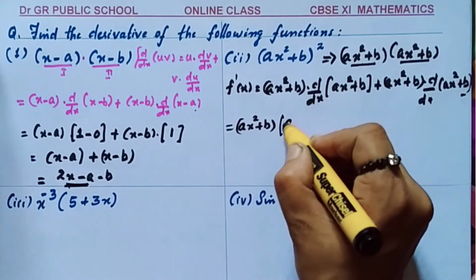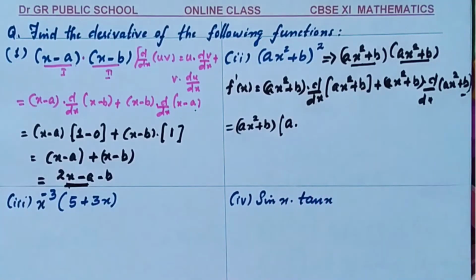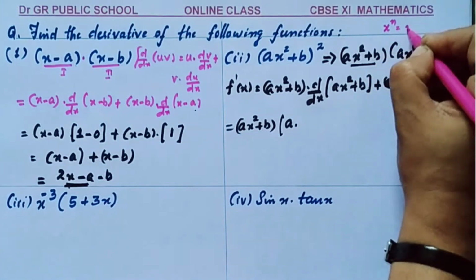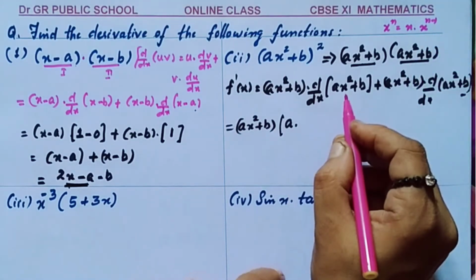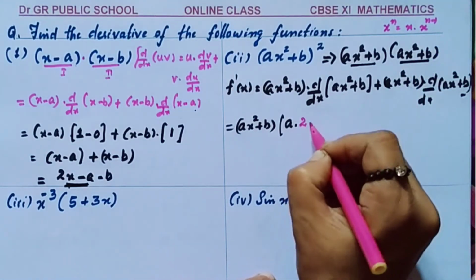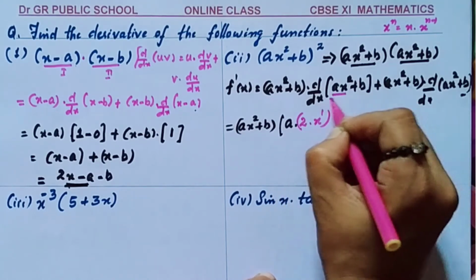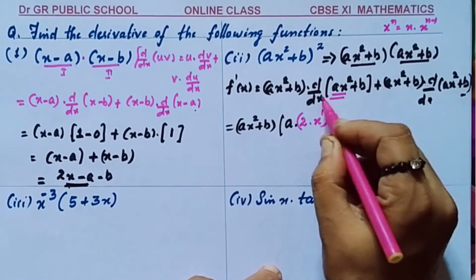A is a constant that you can take outside. The derivative of x square, what is the derivative of x raised to n? The derivative of x raised to n equals the power n into x raised to n minus 1. So the derivative of x square is the power 2 into x raised to power 2 minus 1, that is 2x. A is a constant that you can take outside, plus the derivative of the constant b.